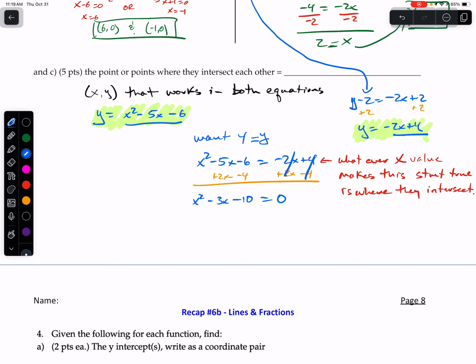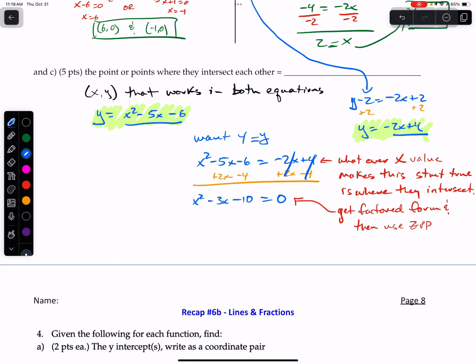And so now we're going to, again, get factored form and then use the ZPP.